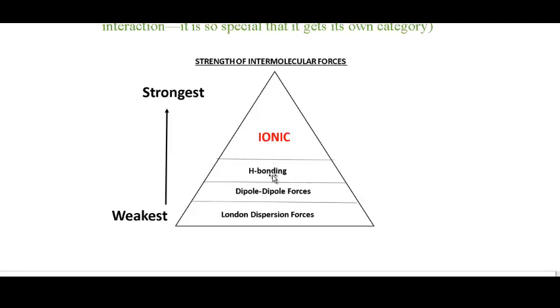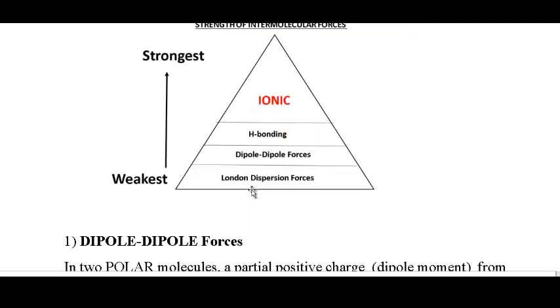But notice that hydrogen bonding, which is a special category of dipole-dipole interactions, is stronger than dipole-dipole interactions themselves. So the subcategory is a little bit stronger than the main category. And then the weakest are London dispersion forces, which are universal.